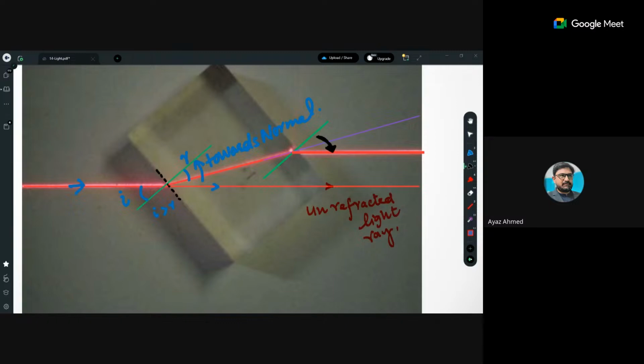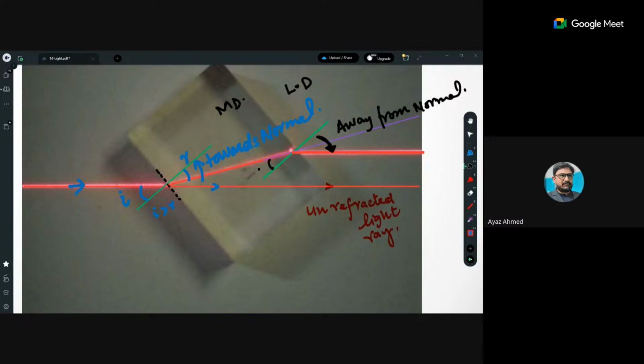By this angle, isn't it moving away from the normal? Yes, sir. So because the light is entering from more dense to less dense, that is why it is bending away from the normal.